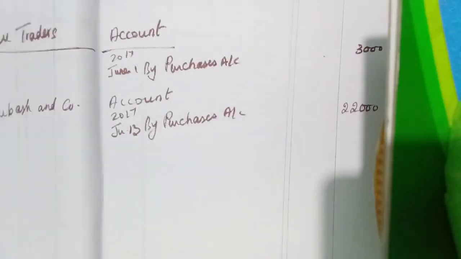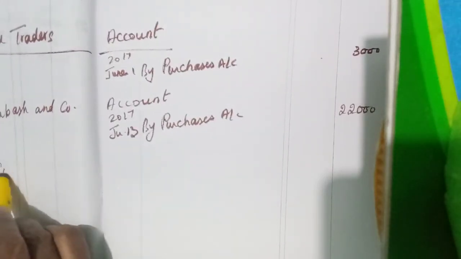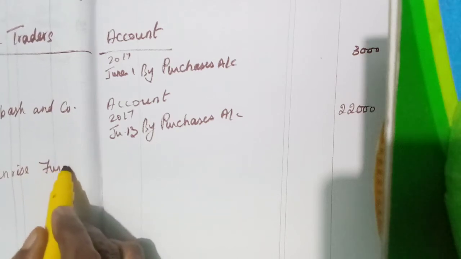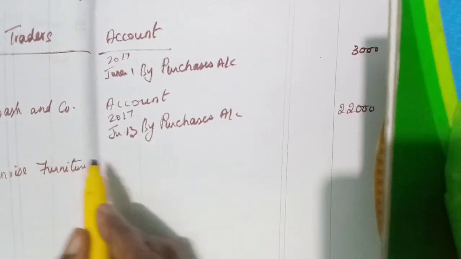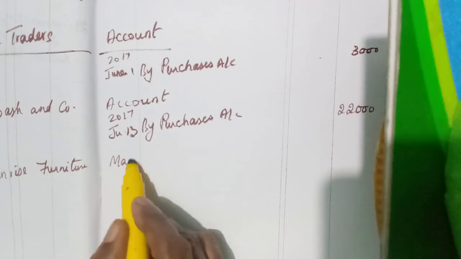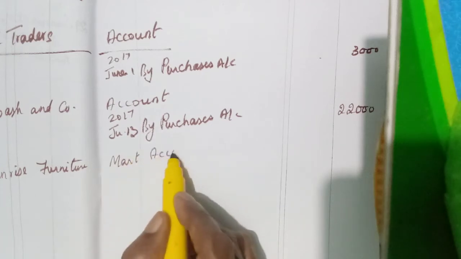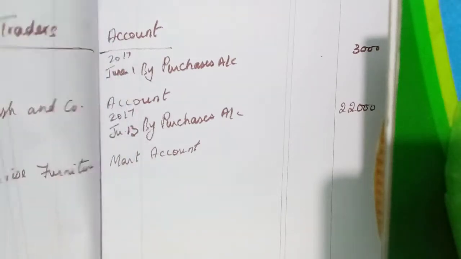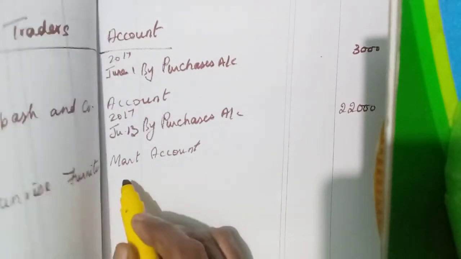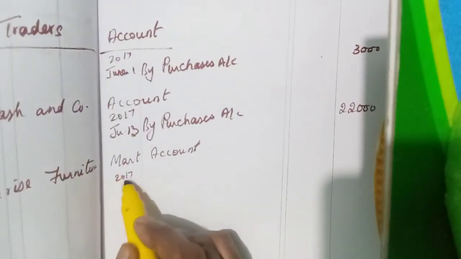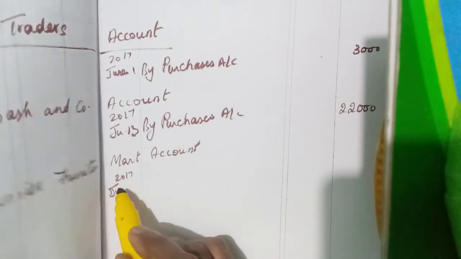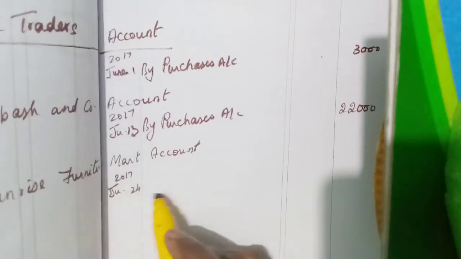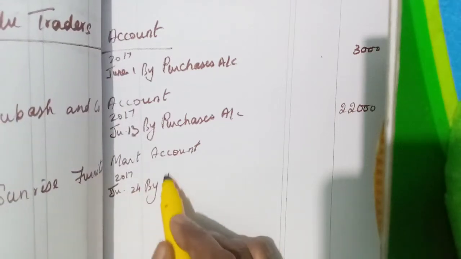Then Sunrise Furniture Mart account. Date 2017 June 24. By purchases account.